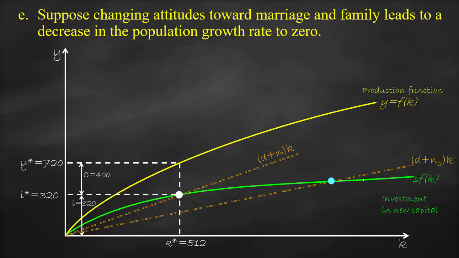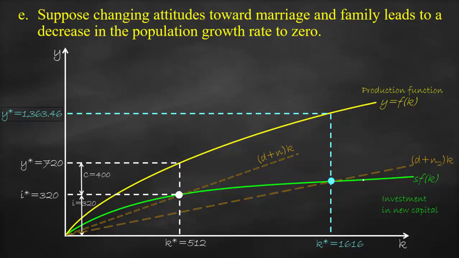So from this point, I will go vertically in order to get our capital at the steady state, which we just calculated, which is equivalent to 1616. Then I will look at the point of intersection with the production function, and then I will go horizontally in order to get our output per capita at the steady state, which is equal to 1363.46.